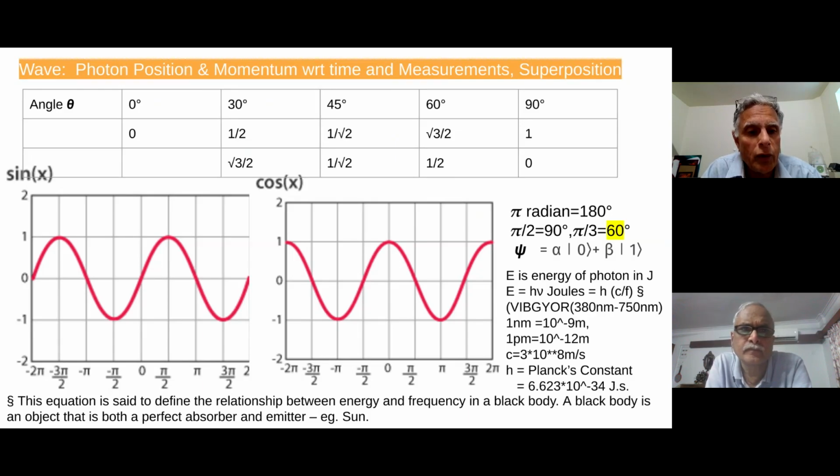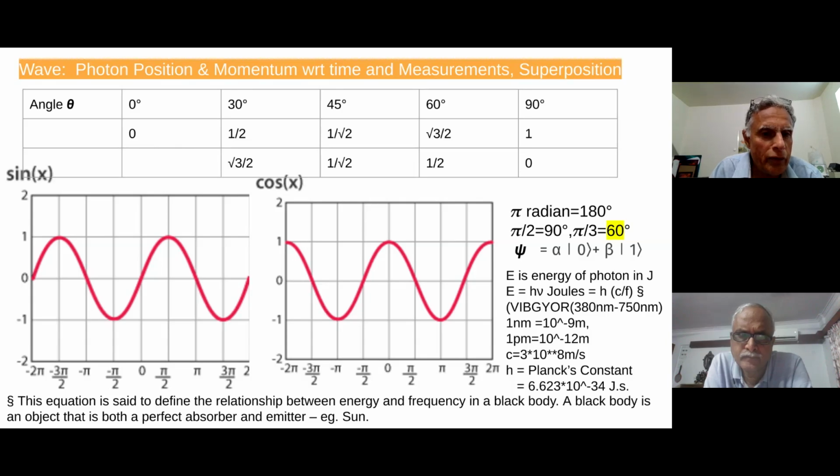We call it a quantum, or a packet of photon is a quantum of it. And it can be represented in terms of the momentum of the photon, its position, and its momentum, with respect to time.